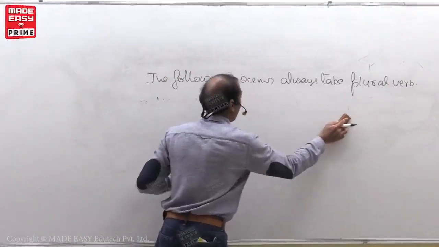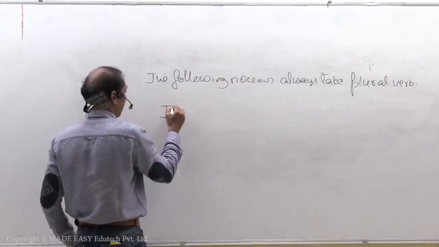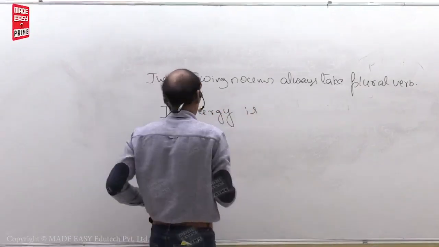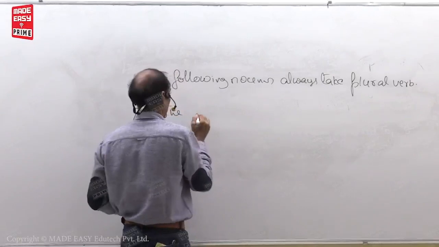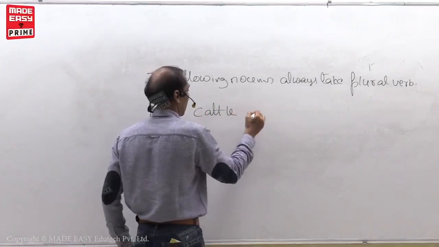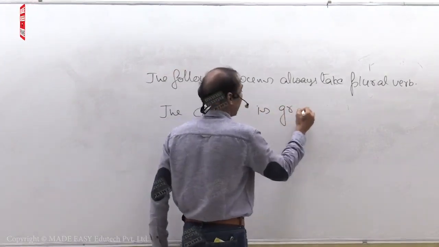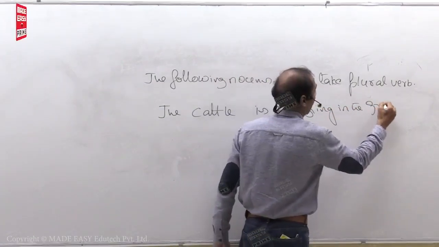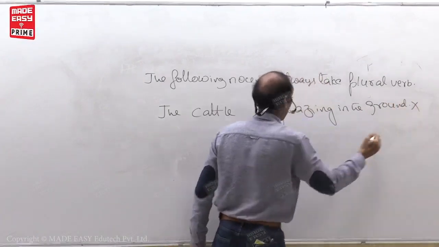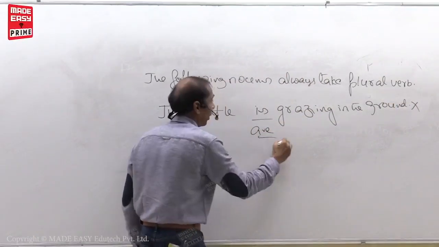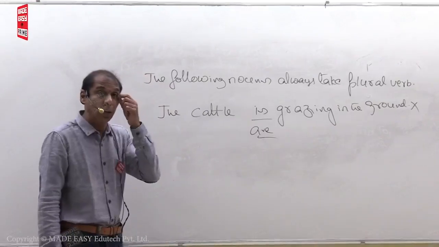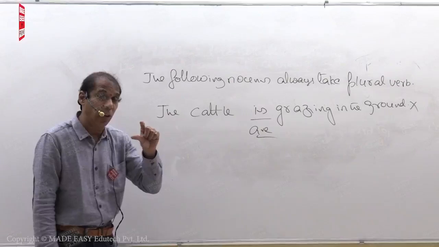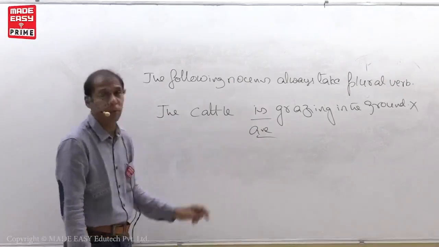For example, the cattle is grazing in the ground. This is wrong. The cattle are grazing in the ground, because these nouns look like singular, but they take plural verb.